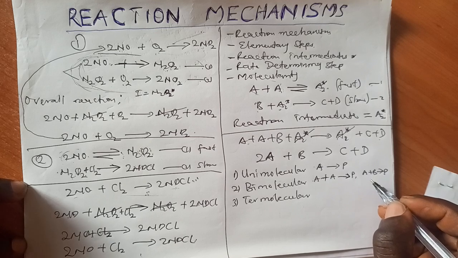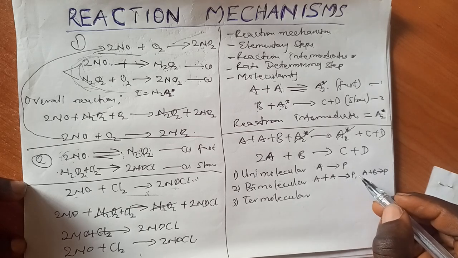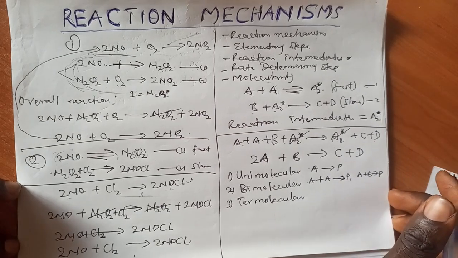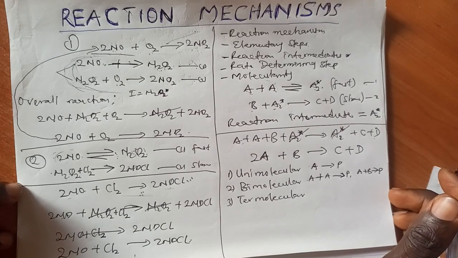I hope you understand. From any elementary step, you can know the molecularity of the reaction. And of course, you can write the rate law. To know how to write rate law of each reaction, you can go to my past video. If you are working on reaction mechanism, you must know how to write rate law.